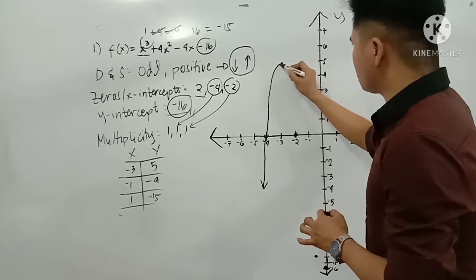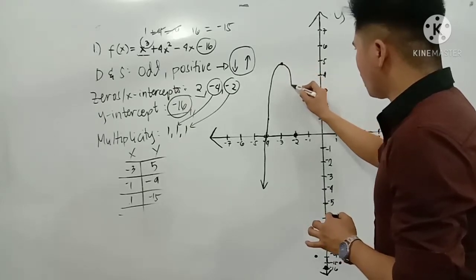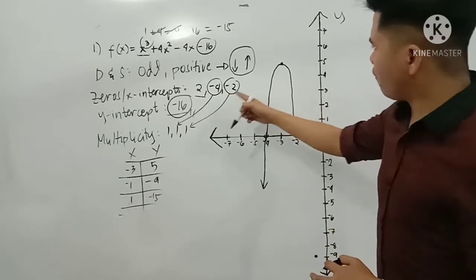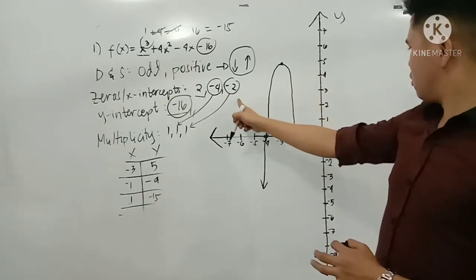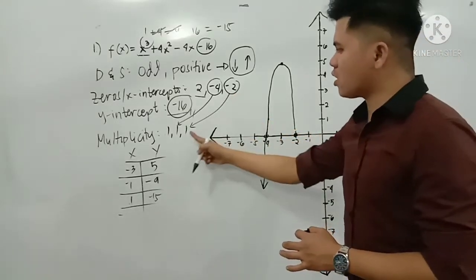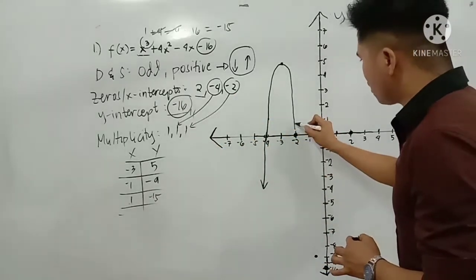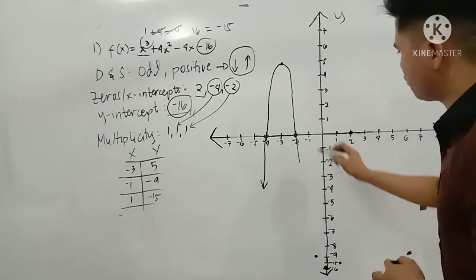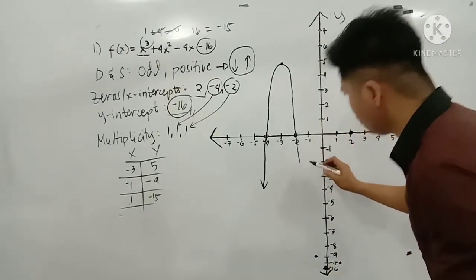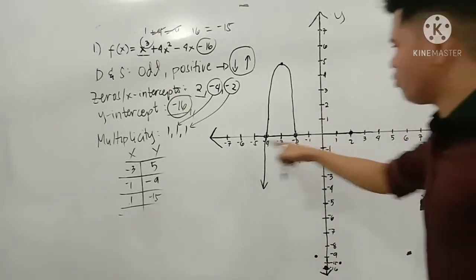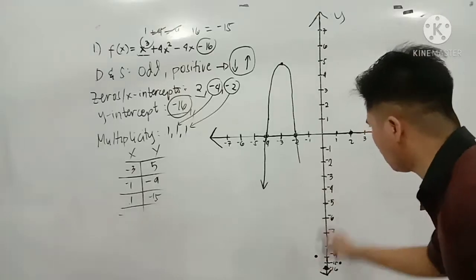So be careful to have no sharp corner. Then the graph will come to negative 2 and the multiplicity of this is 1, so that means the graph will pass through to that intercept. Then go to the next turning point, which is negative 1 and negative 9, this point.